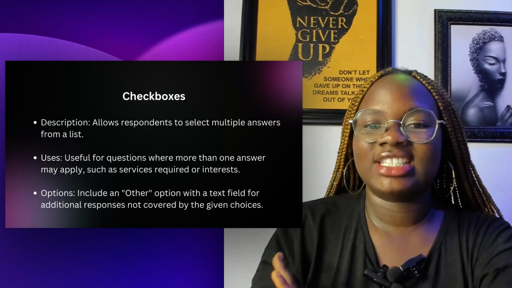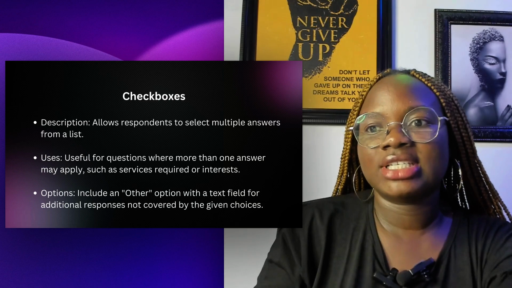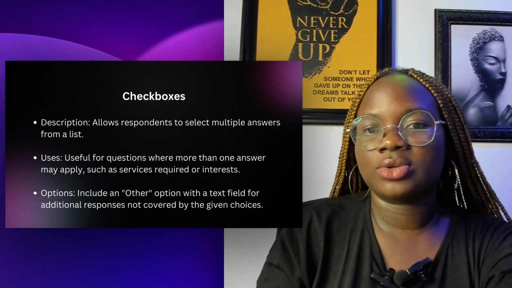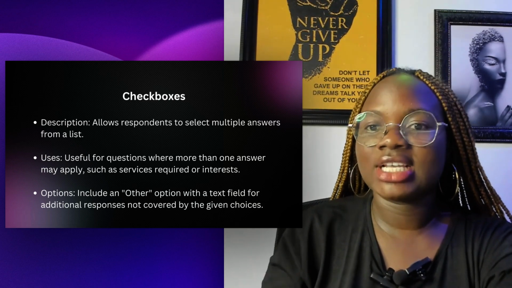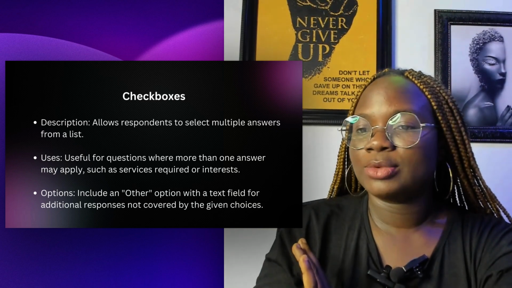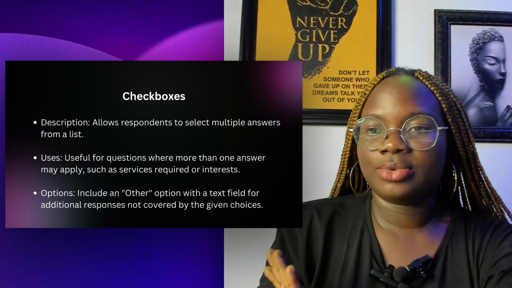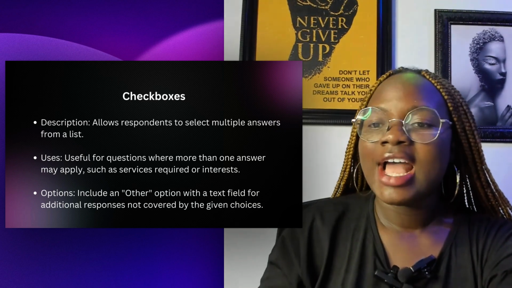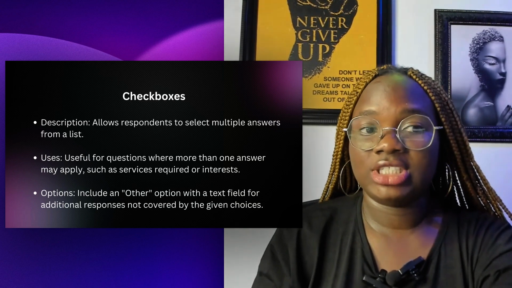And the next one is the checkbox. Now the checkbox is different from the multiple choice because the checkbox allows the respondent to pick multiple answers. Multiple choice allows them to pick only one answer, while checkbox allows them to pick multiple answers. And also, you can have the other option in checkbox.